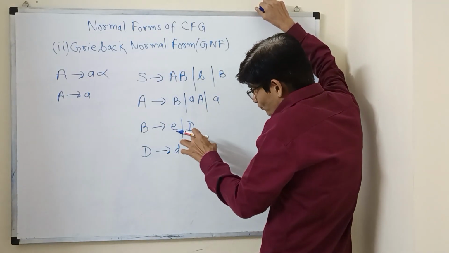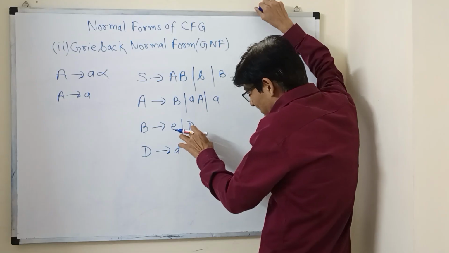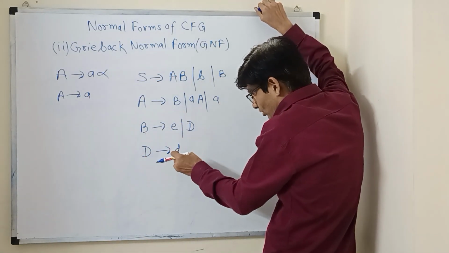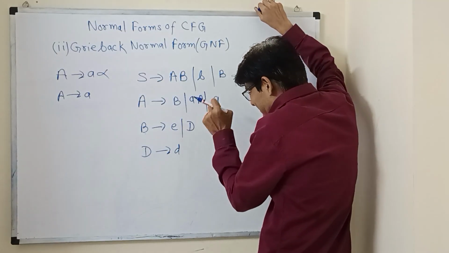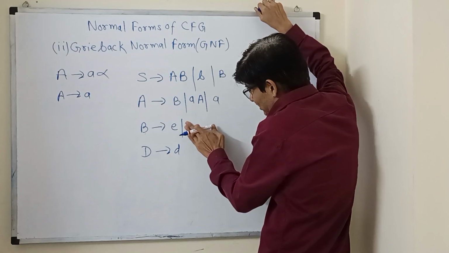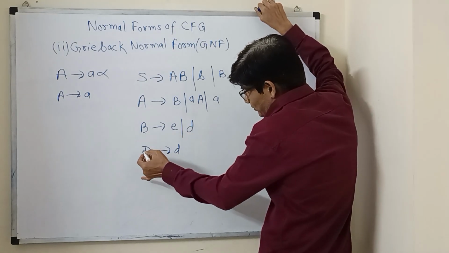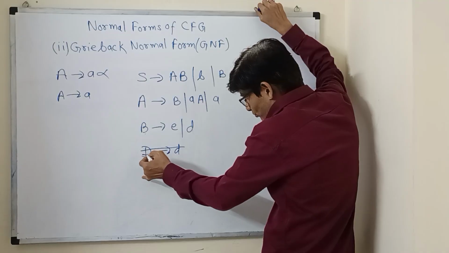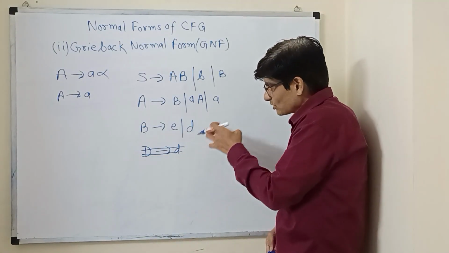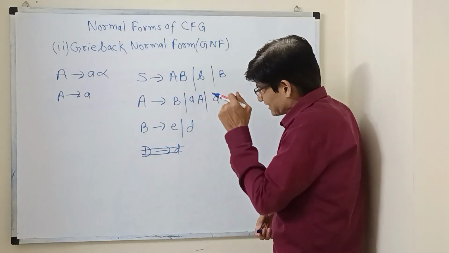I can replace this D with all its productions. As D is generating only small d, I will replace capital D with small d. Now this particular production is removed, and you can remove this production from this grammar. After removing this particular unit production, the grammar is like this.